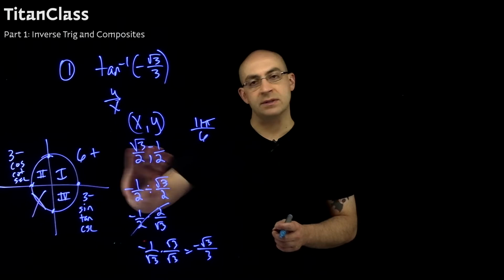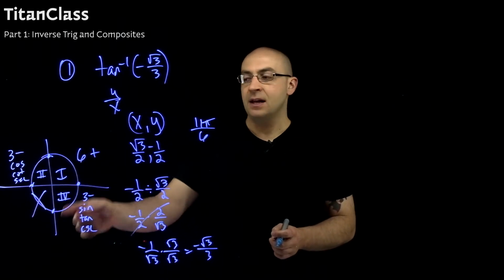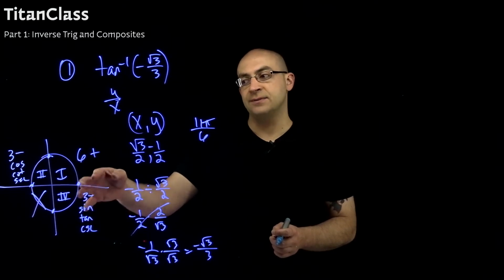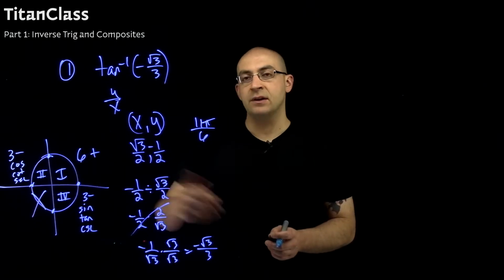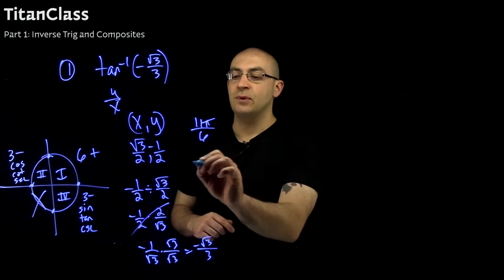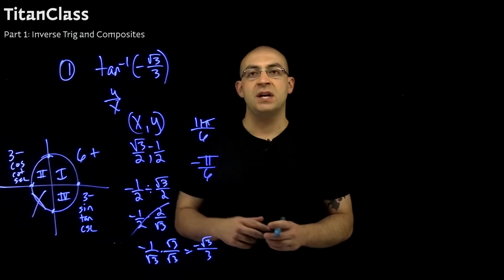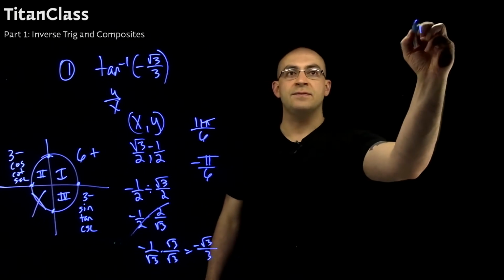Because quadrant 3 is completely out of the picture, I can't go through it at all. I can't even pass by. I'm going to go the negative route, which is faster, or the negative coterminal, if you will. So if 11 pi over 6 is the regular, its coterminal from a negative standpoint is negative pi over 6, which is the answer. So inverse tangent of negative root 3 over 3 is negative pi over 6, and that's our first solution.